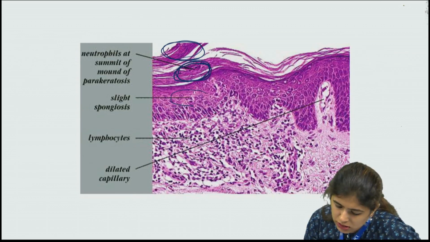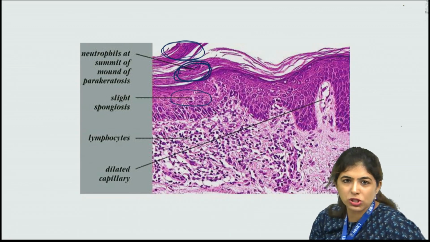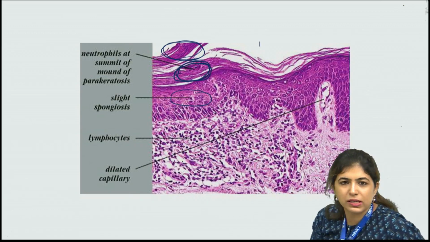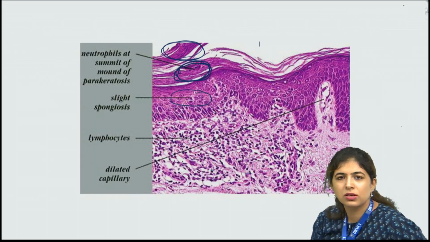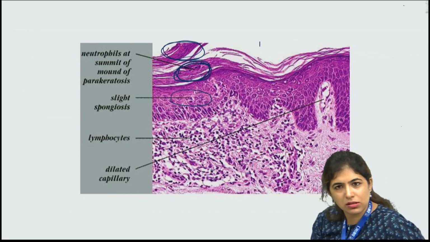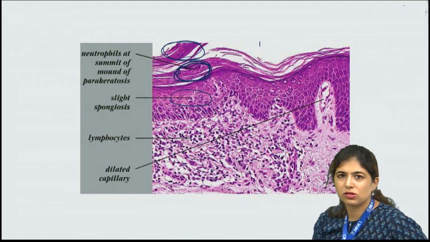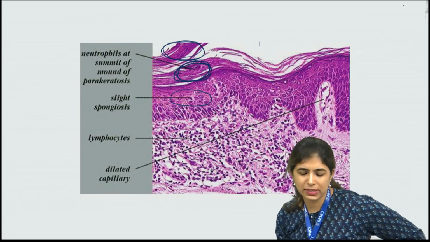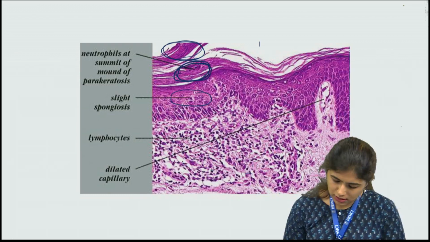Then these spongiform lesions can also have lymphocytes leading to the Kogoj pustules, dilated capillaries, and lymphocytic inflammation here. Okay, so this is a low power image giving you the details. I'm sure after this you can answer all questions on HPE of psoriasis. All the best for your exam. See you in the next discussion.